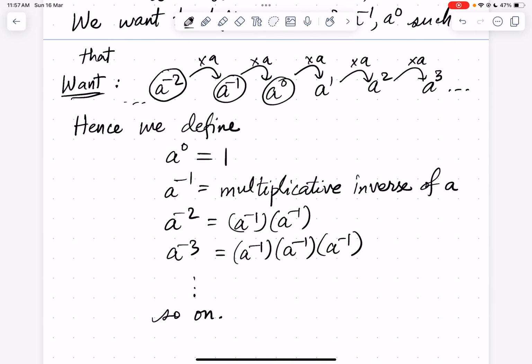So with these definitions, the above picture will hold.